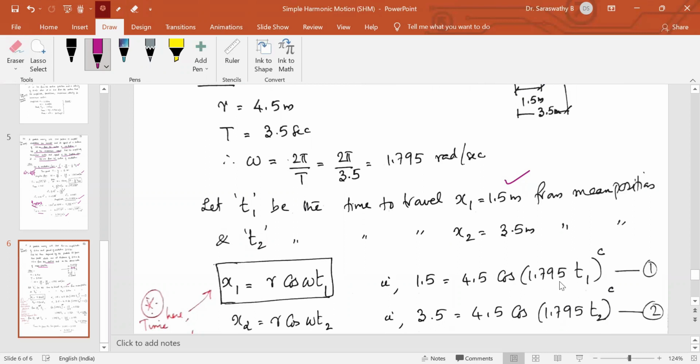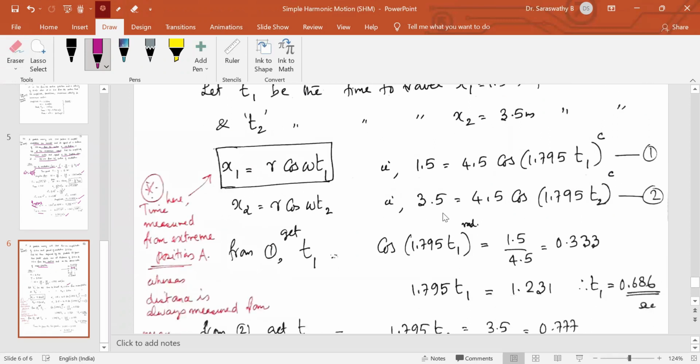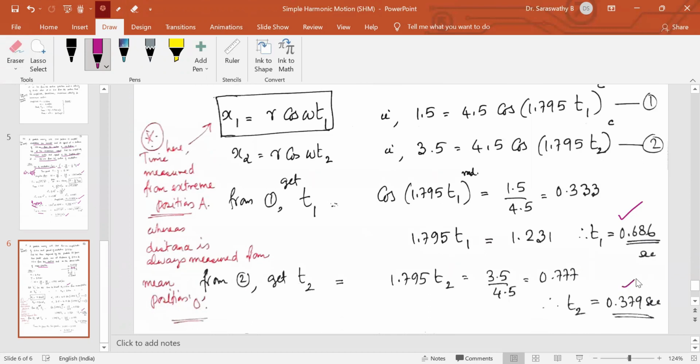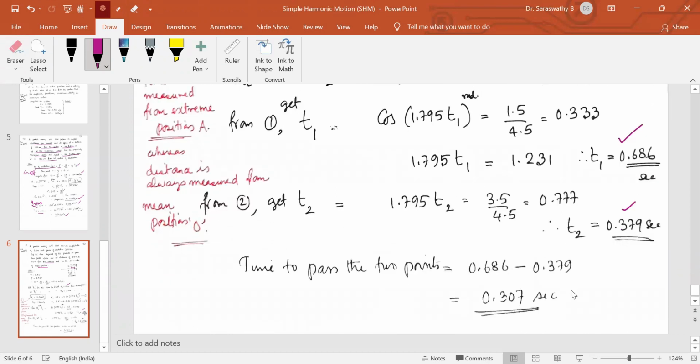From that you get cos omega t1 is equal to 1.5 by 4.5. So 1.75 t1 is equal to cos inverse 0.33. We'll get t1. Similarly, 3.5 is equal to r cos omega t2. From that you get t2. So the difference between the two will be the time taken. So the time to pass the 2 points is 0.307 seconds.